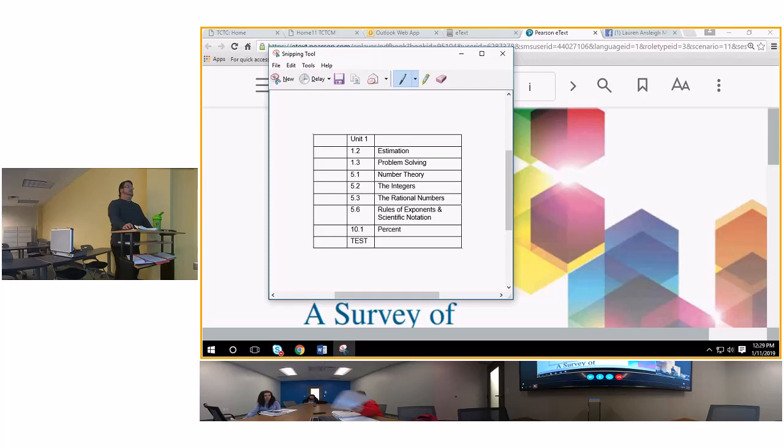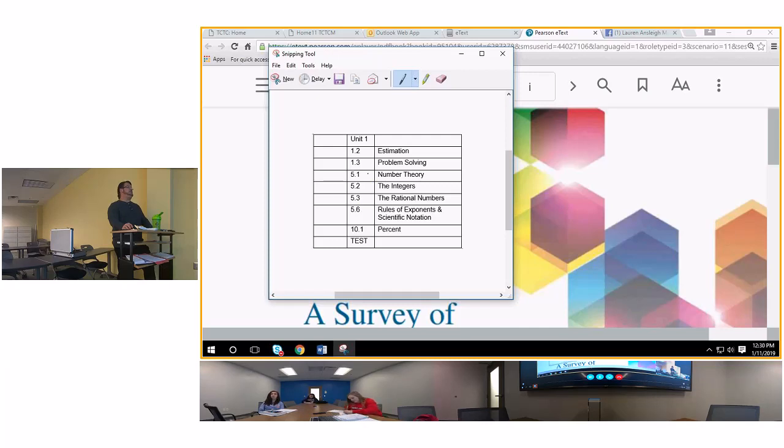This is basically a basic math review. I'm not going to insult your intelligence, but I will tell you this: 5.1, 5.3, and 5.6, write that down, is pretty much going to be 75% of your test.